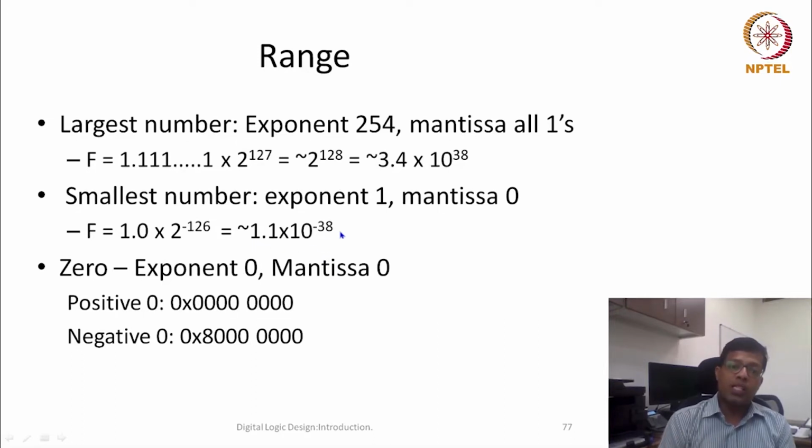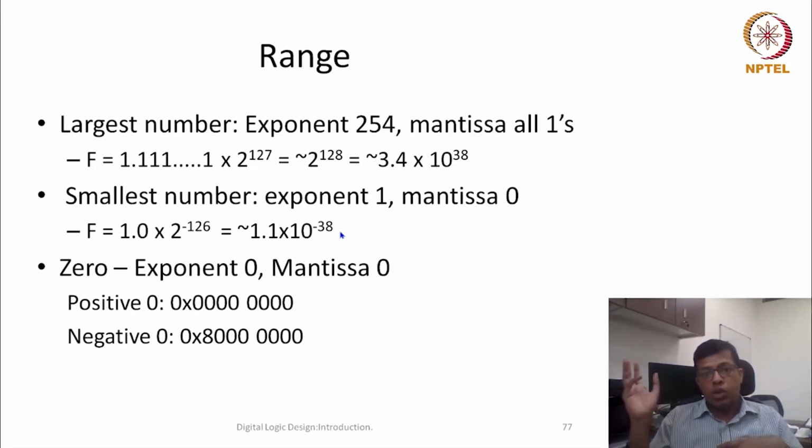So this is the smallest number. This satisfies a good fraction of the numbers that we see around. So precision is around 7 decimal digits, the maximum number is 10 to the power 38 and the minimum is 10 to the power minus 38. A reasonably good range of numbers can be represented using this single precision floating point number.